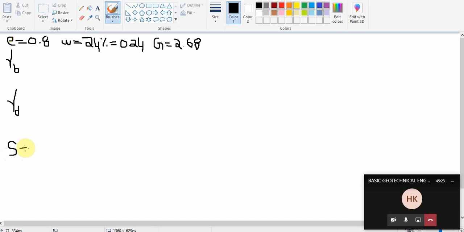This is a direct substitution problem. If you remember the expressions or the formulae, you can directly substitute the values and find bulk density, dry density, and degree of saturation. Now, if you remember bulk density, we have this equation.